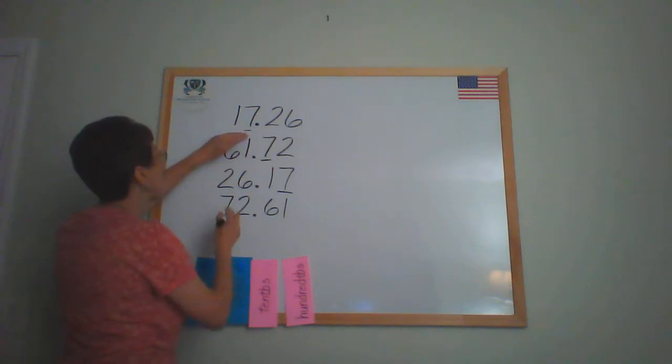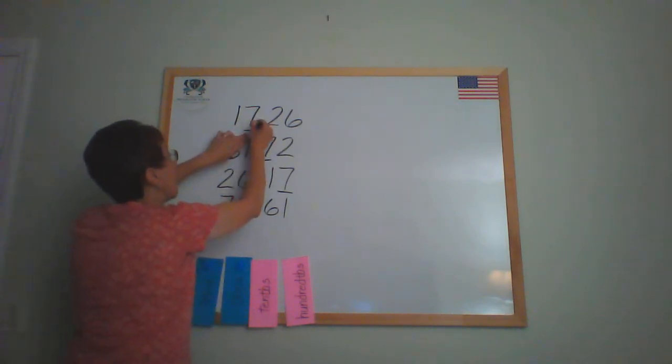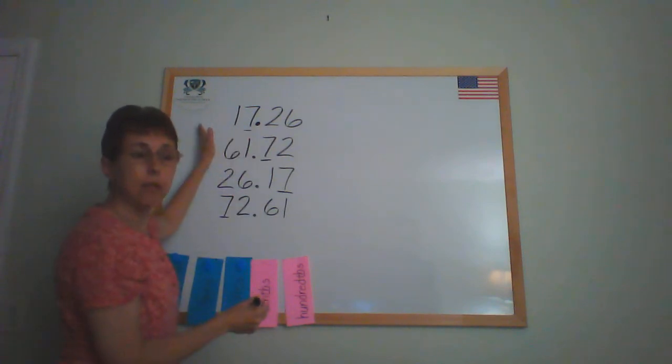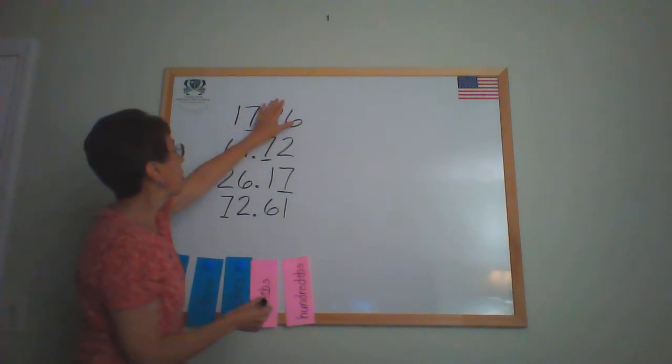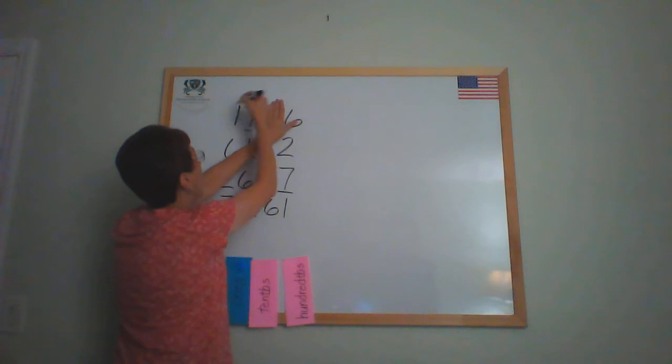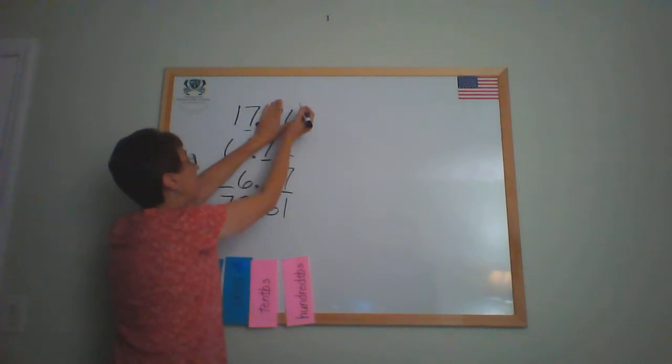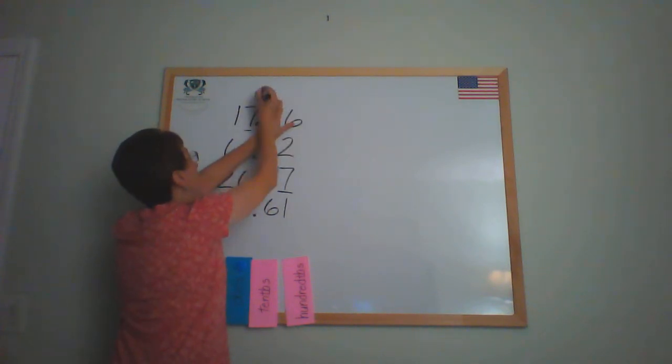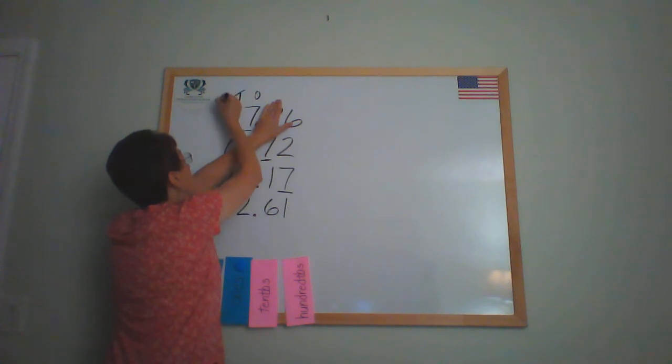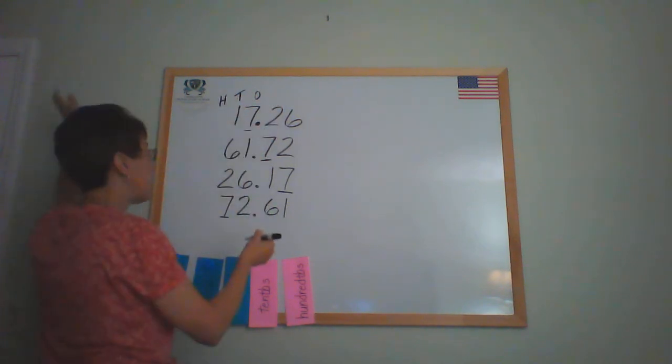Okay, so the first one, A, again, to the left of the decimal are your whole numbers. So what is your place value? Well, to the left of your decimal point, you know you have ones, you have tens, you have hundreds and thousands and so on.